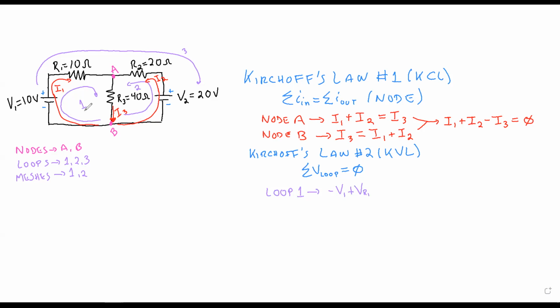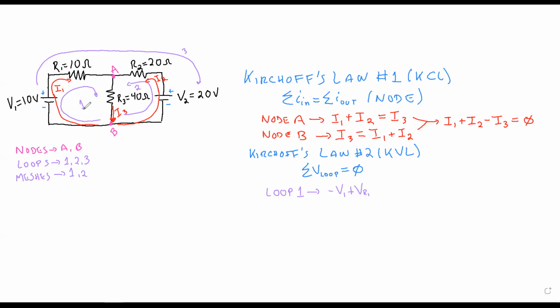Well, there is a polarity, but we don't know what it is yet because we don't know the directions of the currents. If the problem gives you a positive and a negative on the resistor, they're already telling you the polarity. But normally it's not going to give you that, so you're going to assume it's positive.